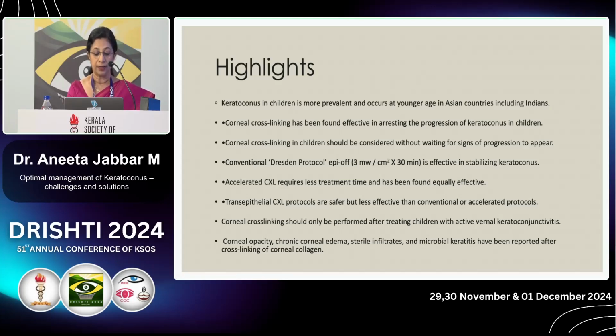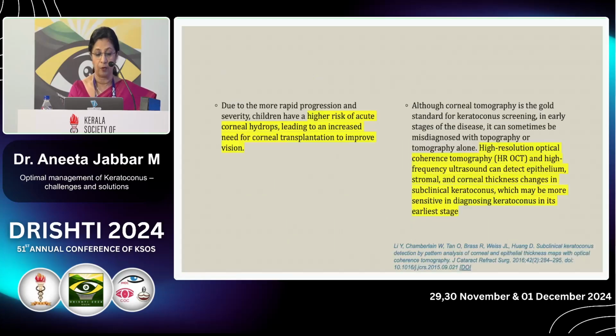Transepithelial and other CXL are safer but less effective than conventional or accelerated protocols, and CXL should only be performed after treating children with active vernal keratoconjunctivitis. And complications like corneal opacity, edema, sterile infiltrates, and even microbial keratitis have been reported. Due to the rapid progression and severity, there is a higher risk of acute corneal hydrops leading to increased corneal transplantation.